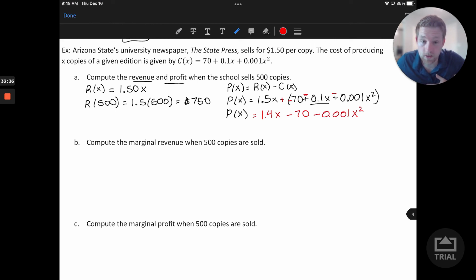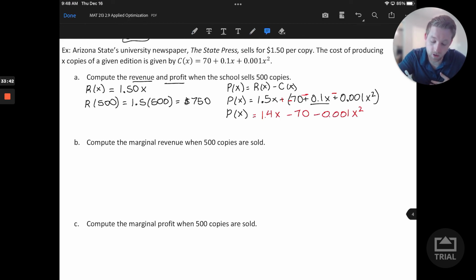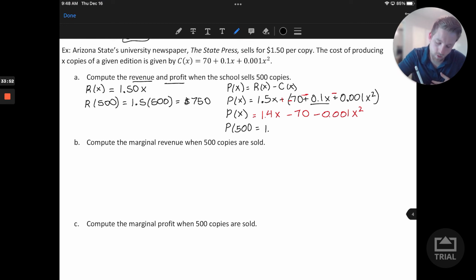Now, in this case, we just want to find what is the profit at 500 copies, excuse me. And so now we just want to input this into our profit function. So P of 500, again, we'd have 1.4 times 500 minus 70, and then we'll subtract 0.001 times 500 squared.